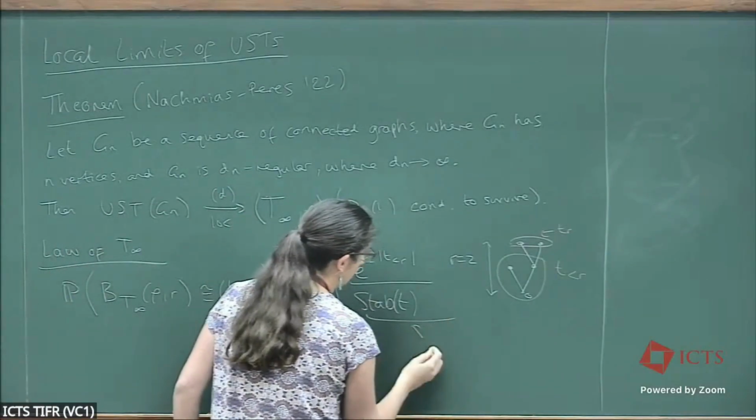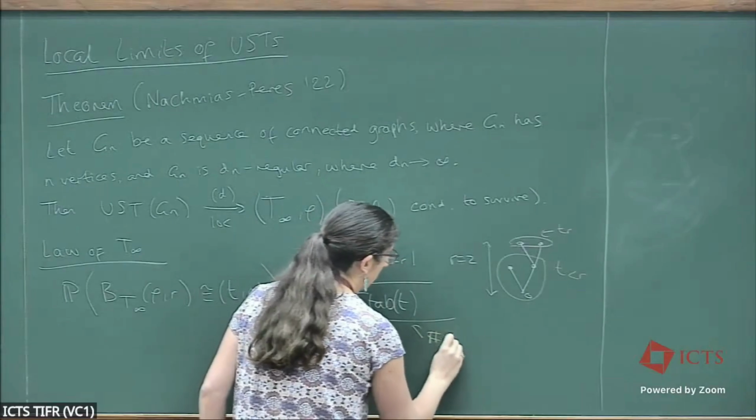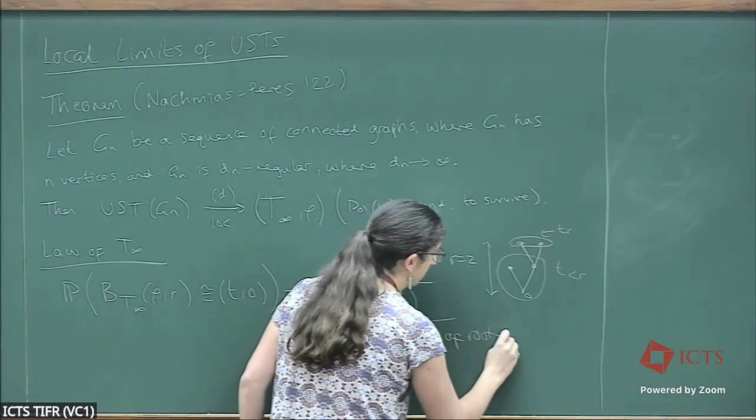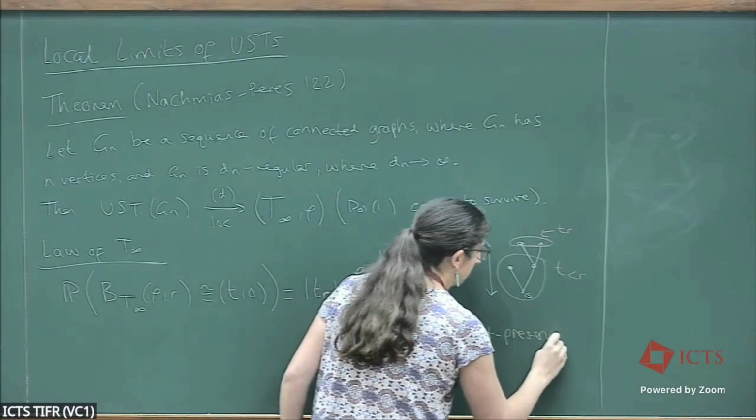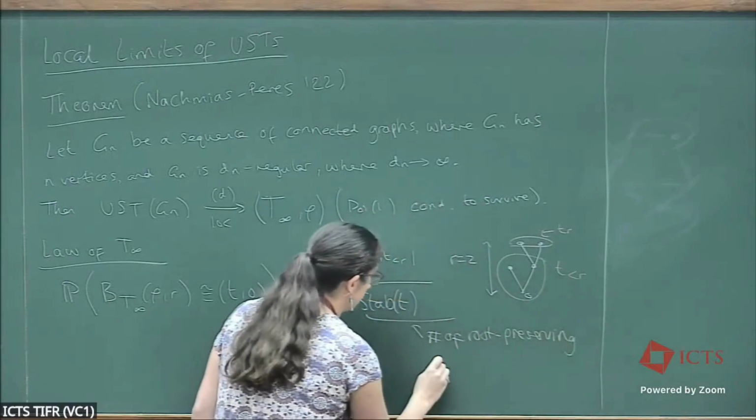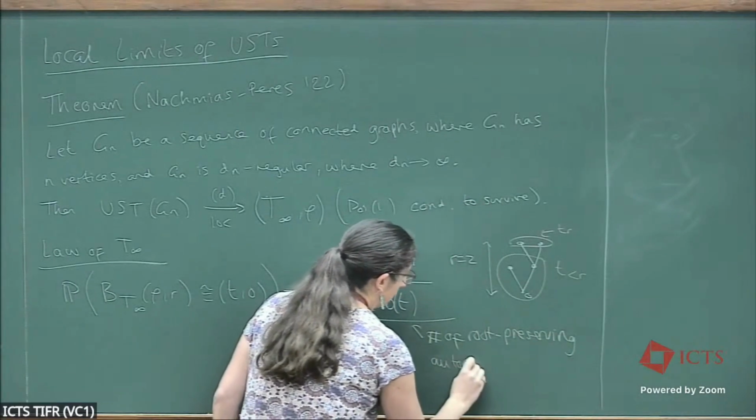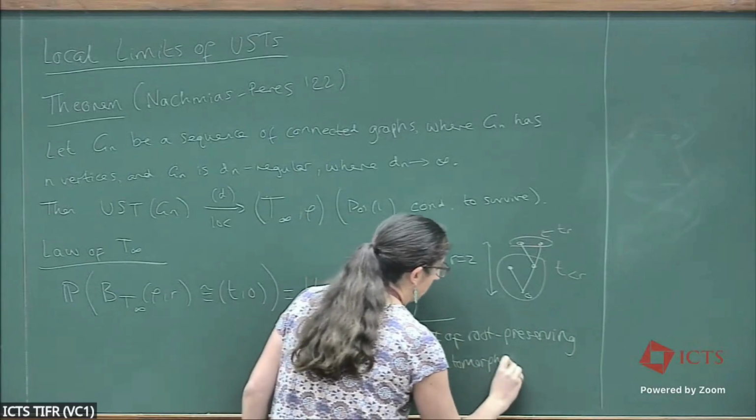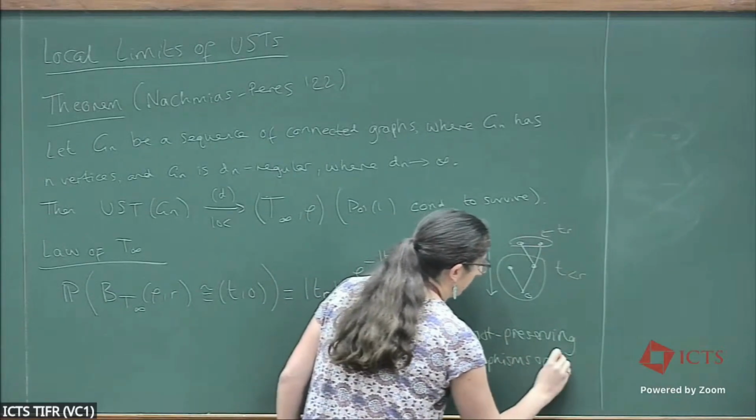This is the number of root-preserving automorphisms of T.